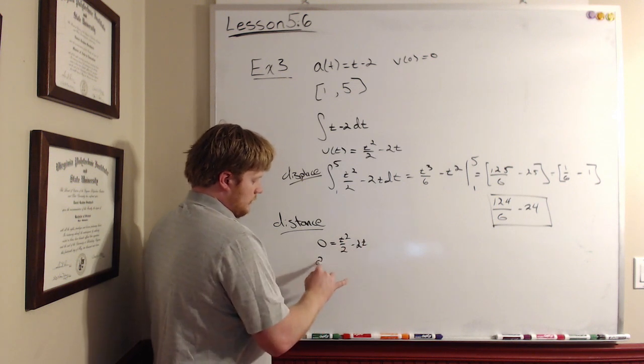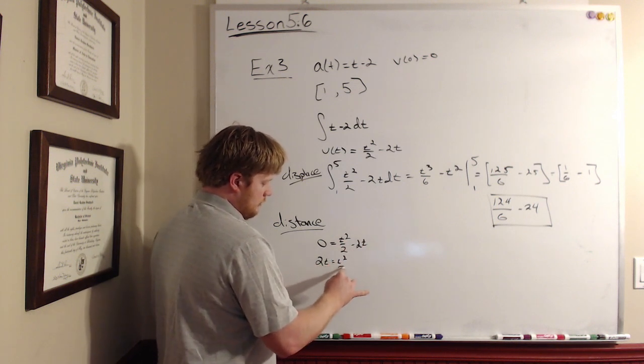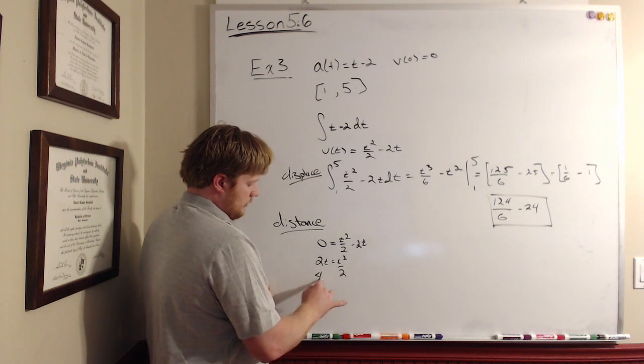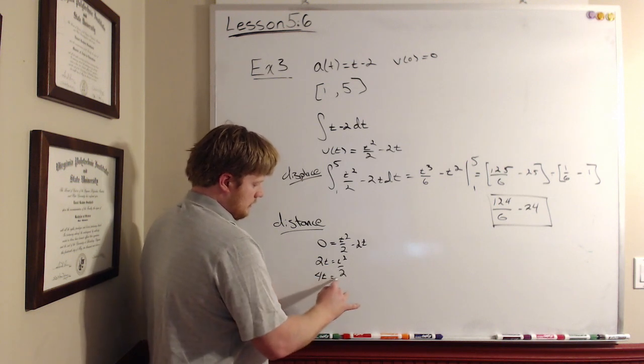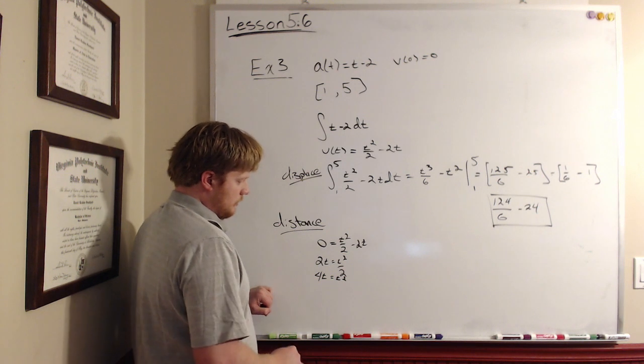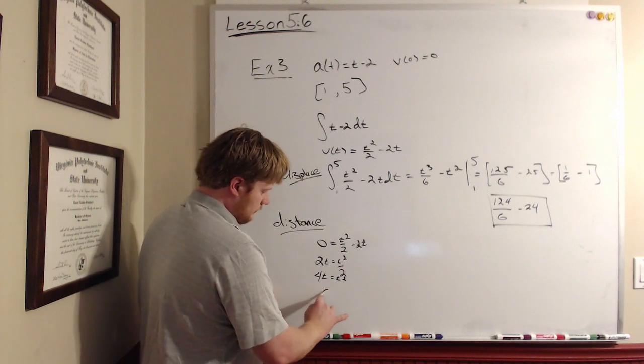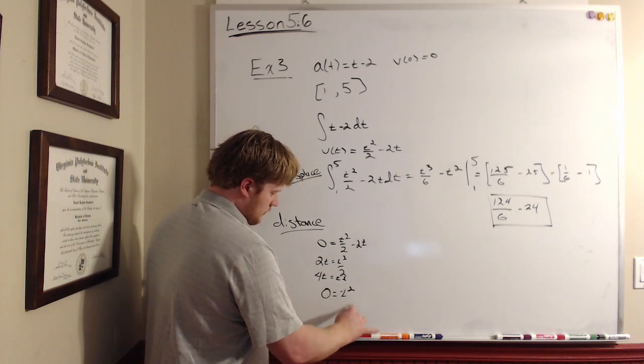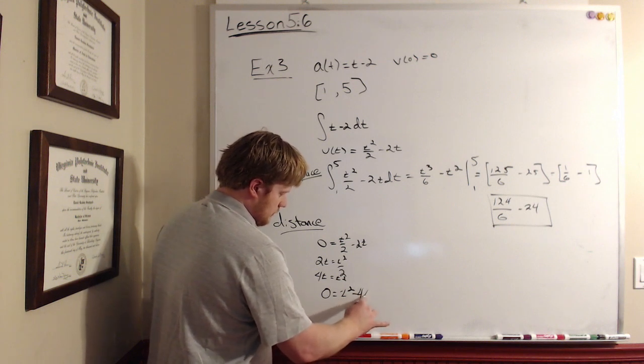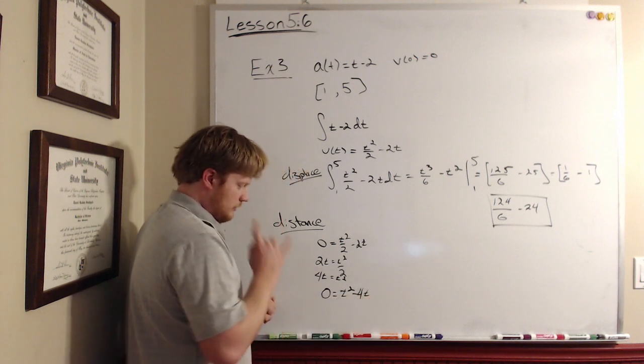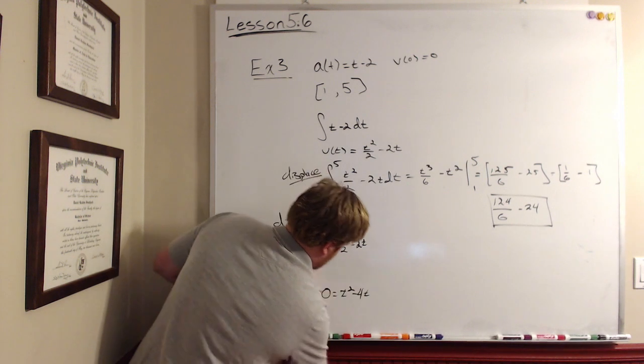Okay. So we get 4t equals t squared. So t squared minus 4t equals 0. I don't like the way I did that.